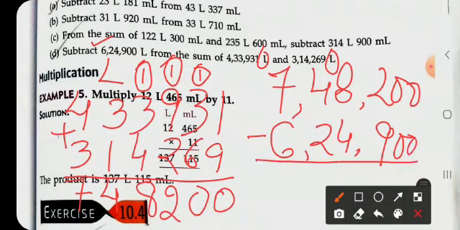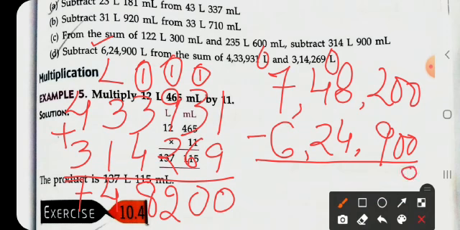Now what is the answer that we get? 0 minus 0 is 0. 0 minus 0 is 0. This number is smaller, so we carry 1 from here and this becomes 7. So 12 minus 9 is 3. 7 minus 4 is 3. 4 minus 2 is 2. 7 minus 6 is 1.